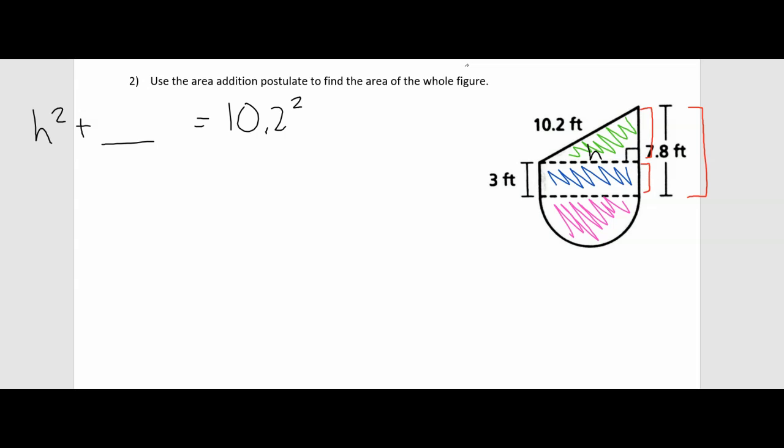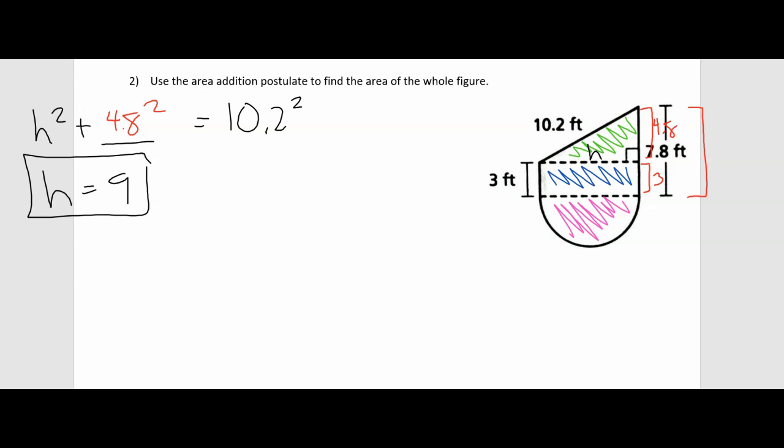I know that this portion is 3, so this piece has to be 4.8. So h squared plus 4.8 squared is equal to 10.2 squared. This one actually turns out quite nicely. I'm not going to go through all the work on paper, but you end up getting h is equal to 9 exactly if you don't do any rounding in the middle of the problem. So h is equal to 9.